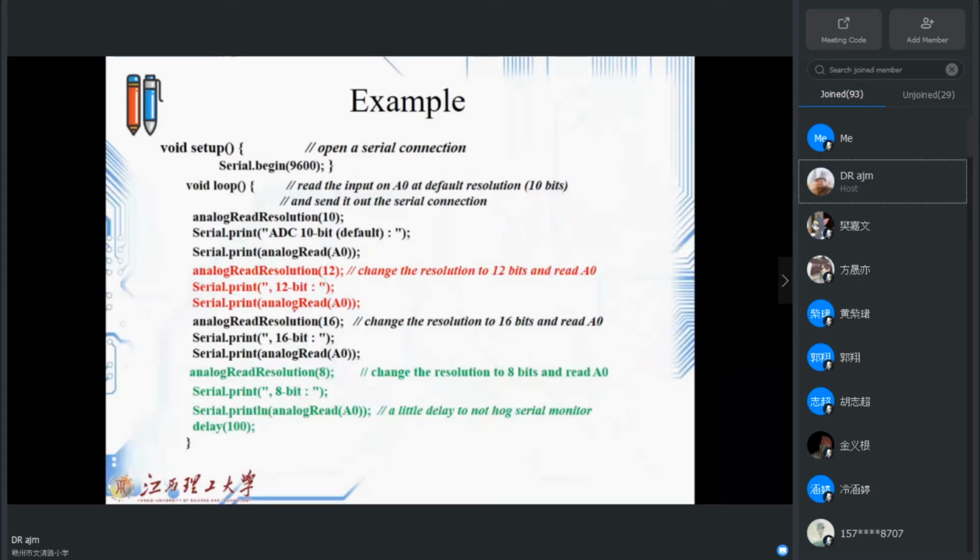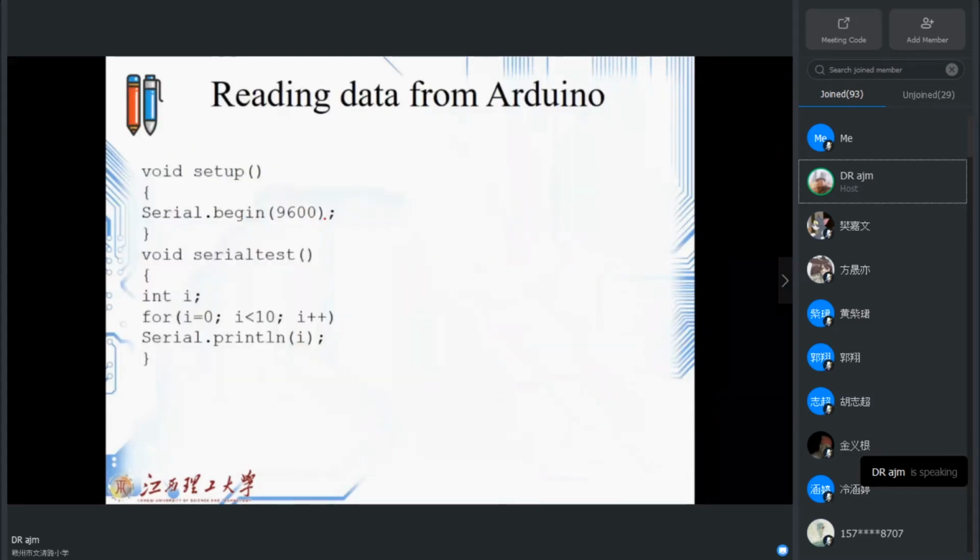You should specify the resolution of your Arduino board to what you want. If you want to work with 10-bit resolution, just put the analogReadResolution 10 statement, or 16, or 12, or 8. For Uno, we can use just up to 10 and 8, but for the rest of them, we have other resolutions that you can see here.